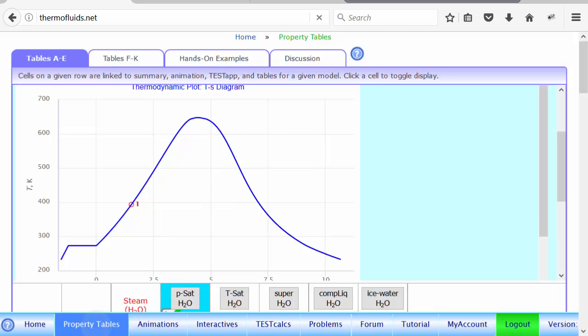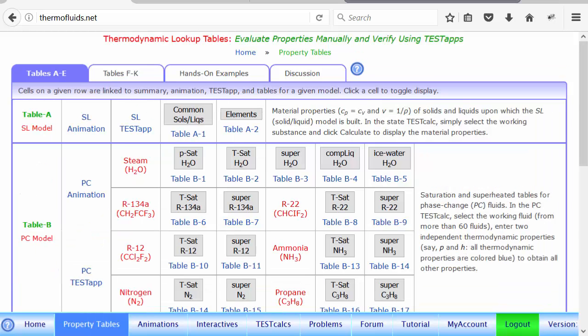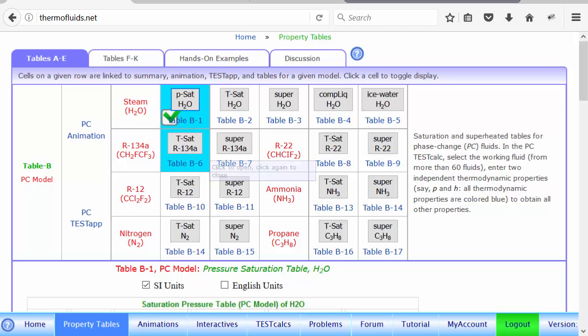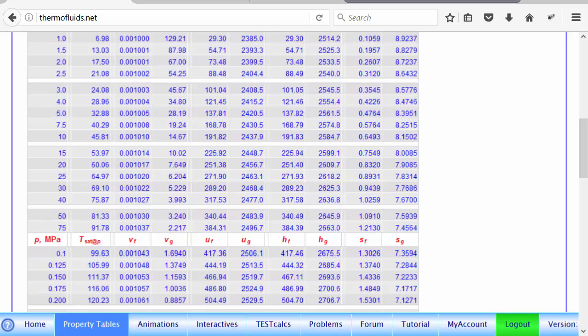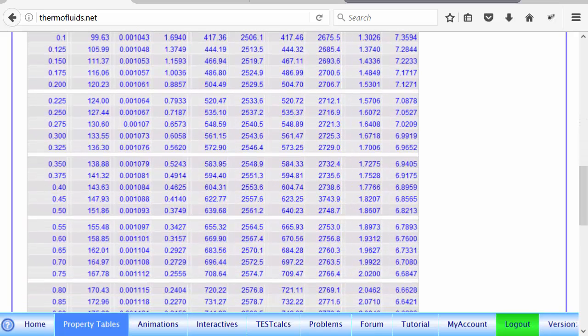Again, we'll go to the property tables, saturation pressure table. 520 kPa is 0.52 MPa, so it is somewhere between 0.5 and 0.55. These are MPa. We are supposed to pick up both the SF and SG.